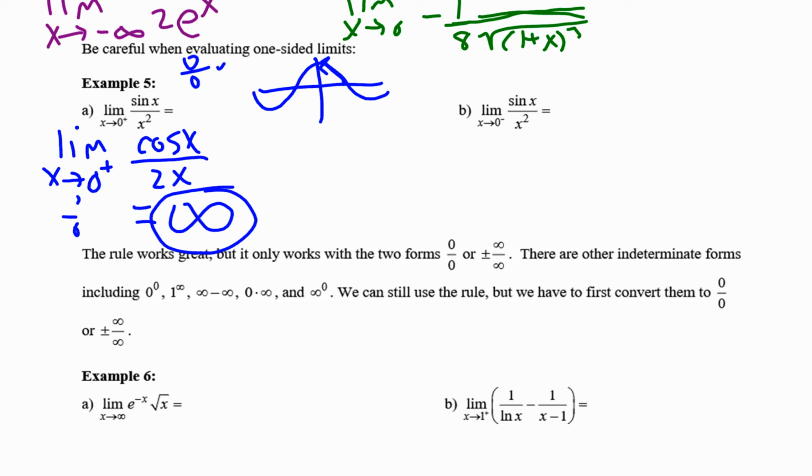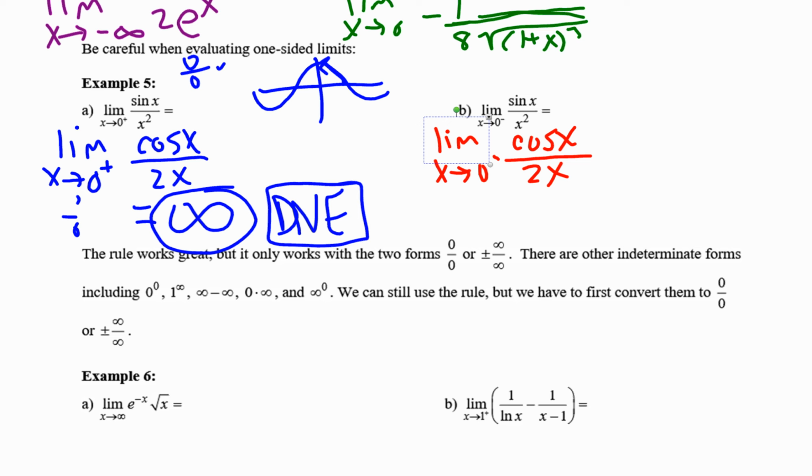This time, let's look at it from the left. Limit as x approaches 0 from the left. Sine of 0 is 0, over 0 is 0, indeterminate. So we take the derivative, cosine x over 2x. Oh, and so since I wrote positive infinity, let me think about that. We could just put DNE, remember. You don't have to be specific.